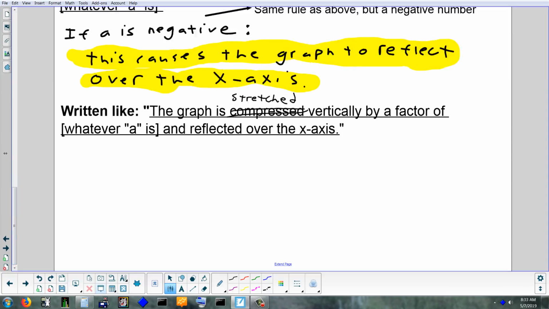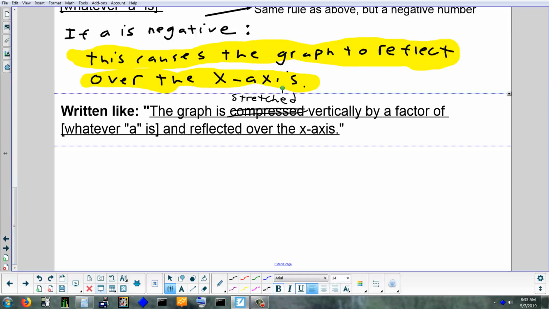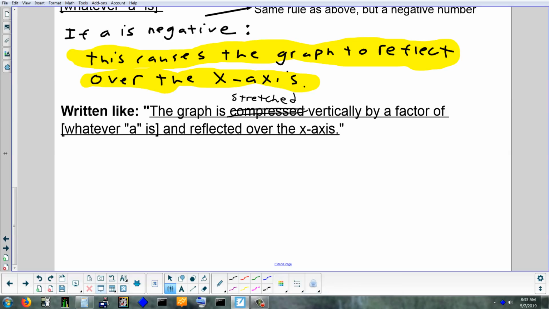You'd just put in 1/2 or whatever. When we're asking you to compare graphs and the number is negative, you have to add that extra piece, reflected over the x-axis. So it's actually being transformed twice. It's getting stretched and it's getting reflected.